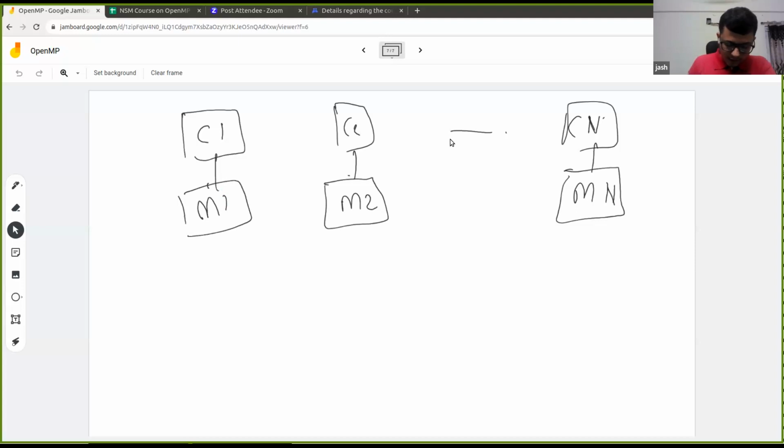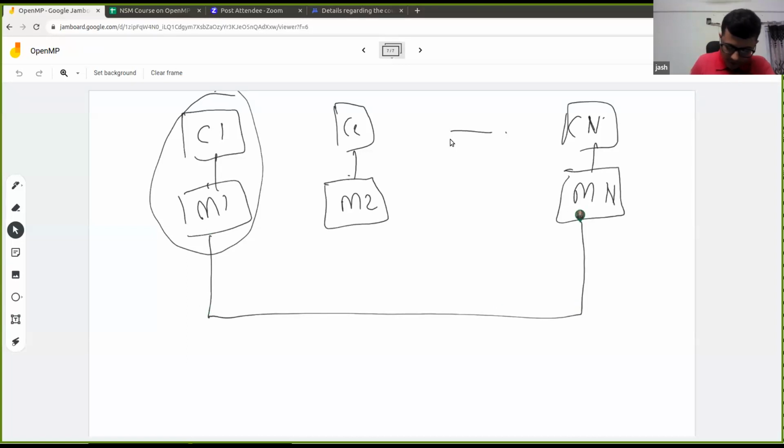So each is kind of a single system itself, with its own core and memory. But this set of systems can communicate with each other via an interconnect or some bus.